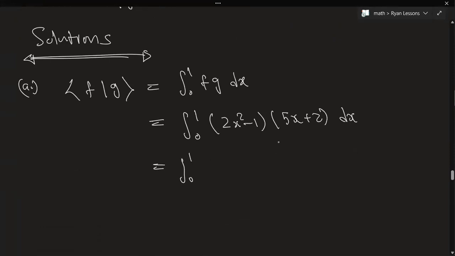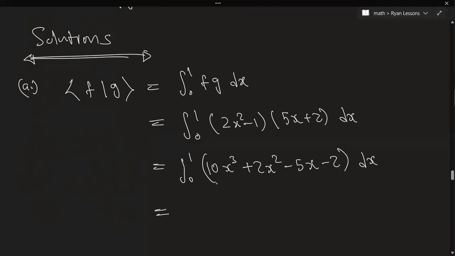We expand to get 10x cubed plus 4x squared minus 5x minus 2 dx.